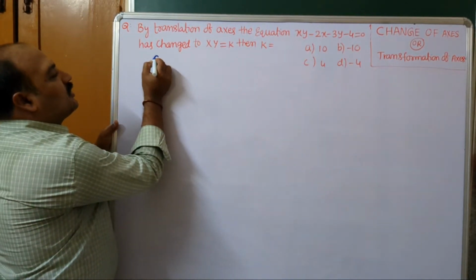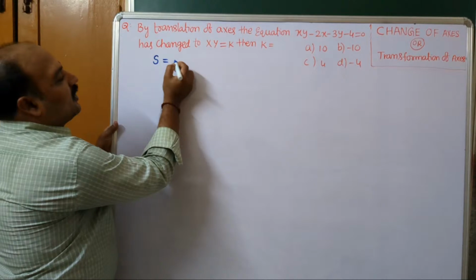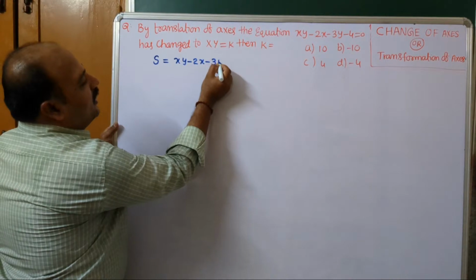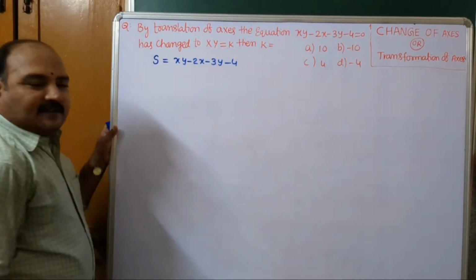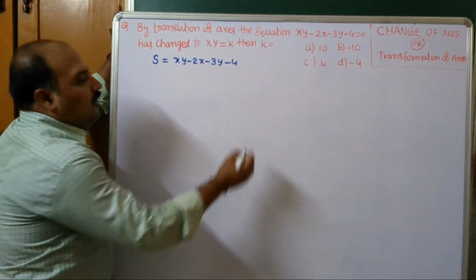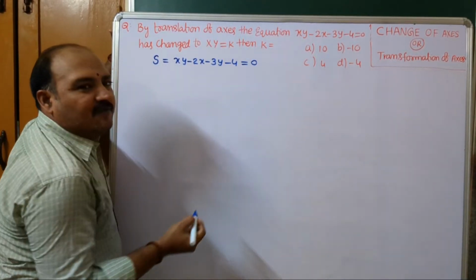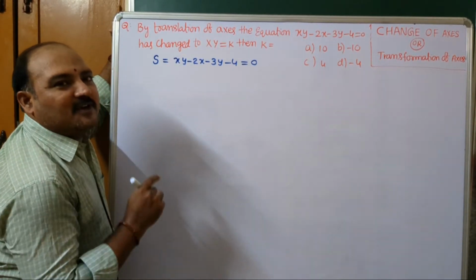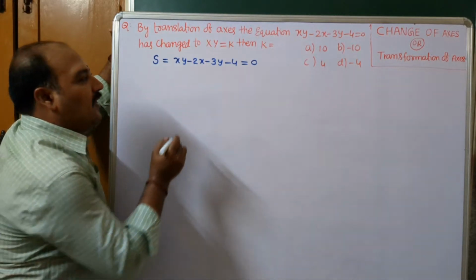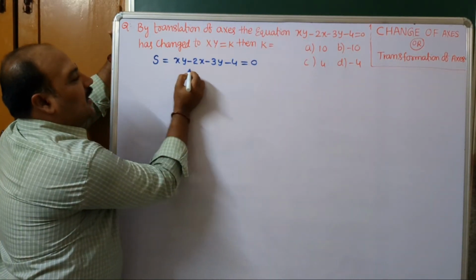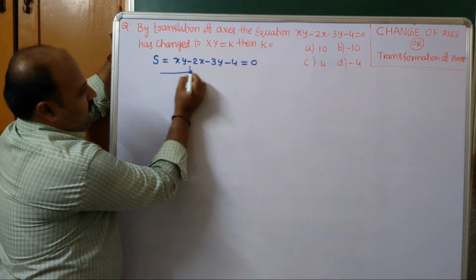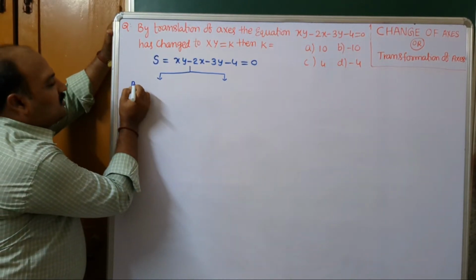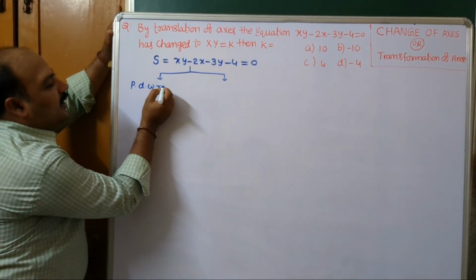So the given equation, xy minus 2x minus 3y minus 4, you can take as S. To get the shifted origin, I am doing it like this. Partially differentiate with respect to x.